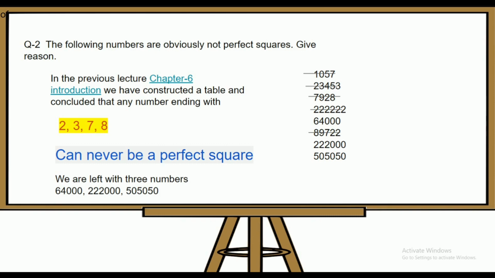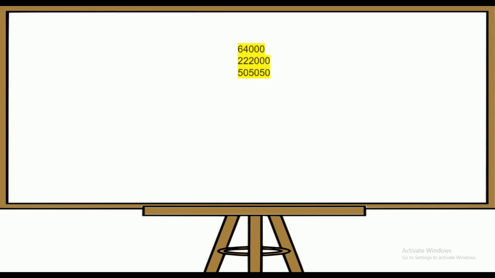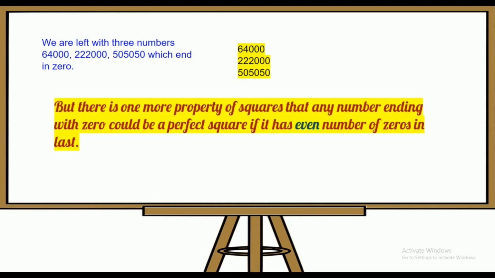Now we are left with 3 numbers which end in 0. But there is one more property of squares, that any number ending with 0 could be a perfect square if it has an even number of zeros at the end.